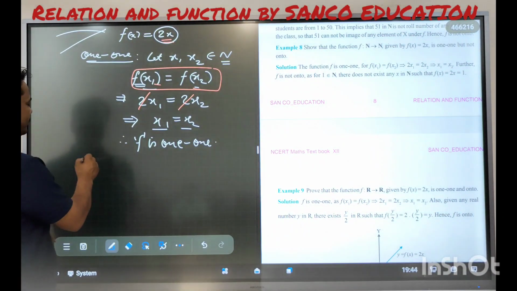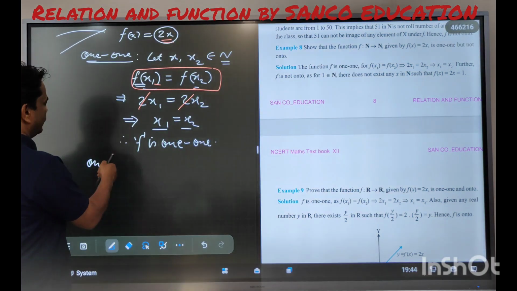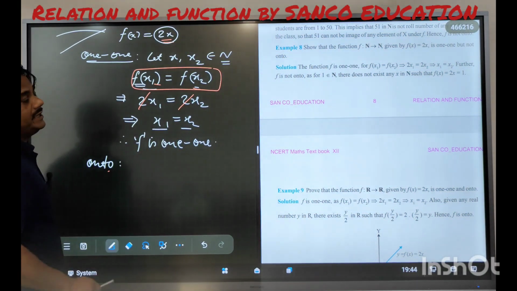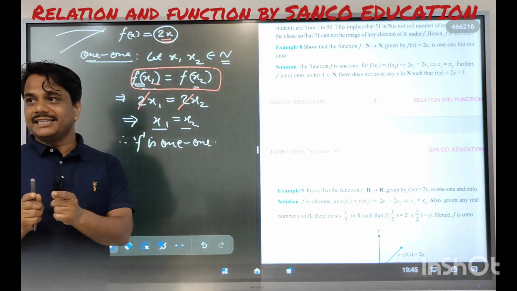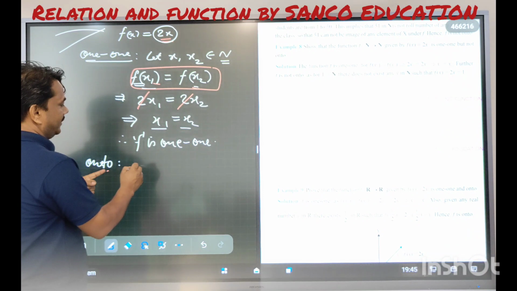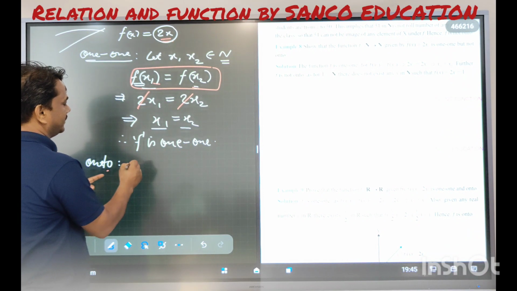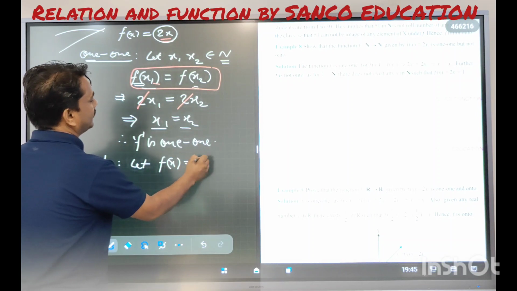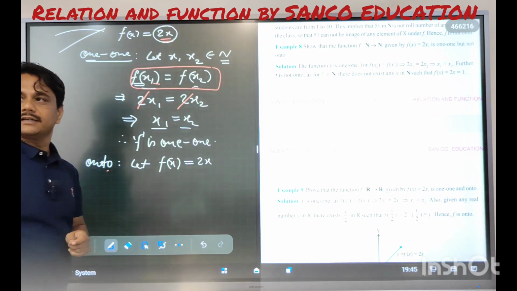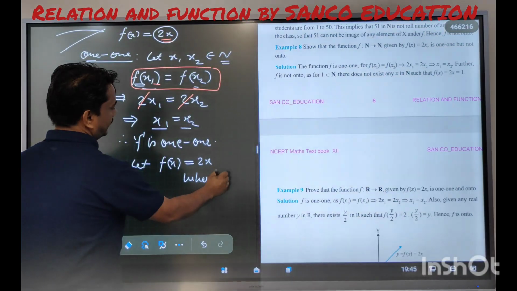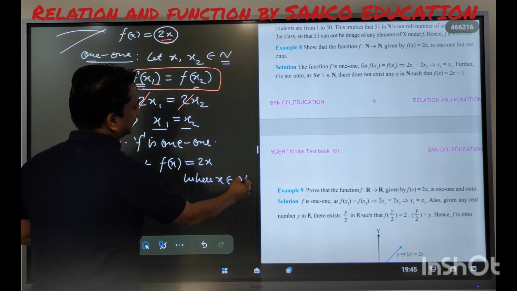Now second, onto. How is onto to be proved here? Onto means obviously our side begins from the second set. Now, second set means what? Here you will suppose, onto means let the function be f of x equal to 2x, where x is a natural number.